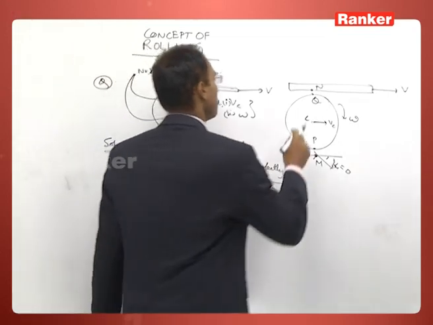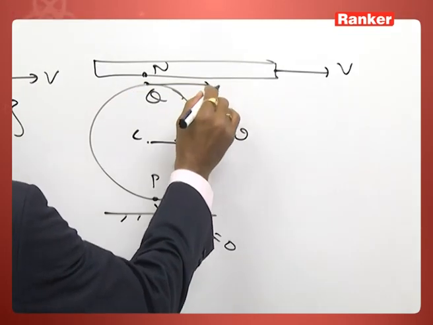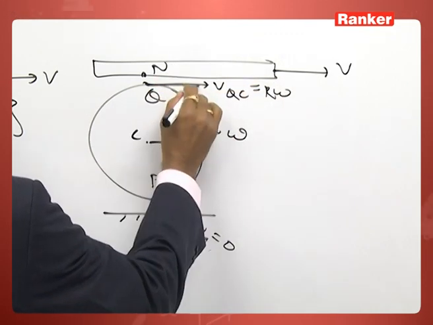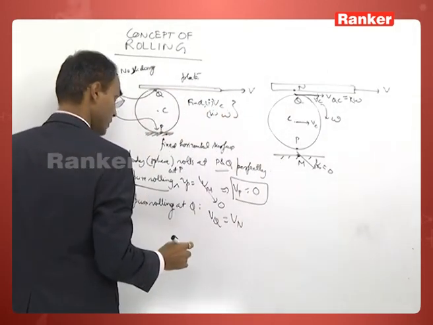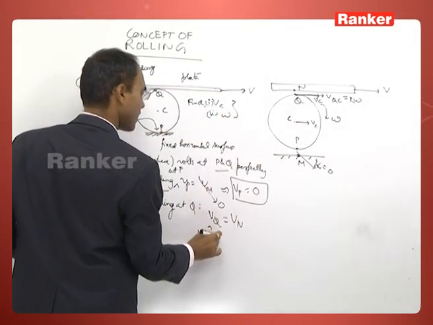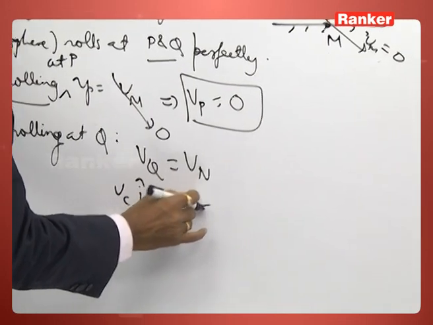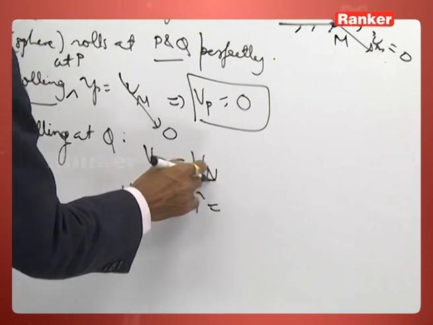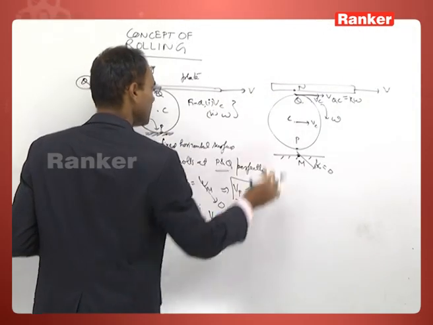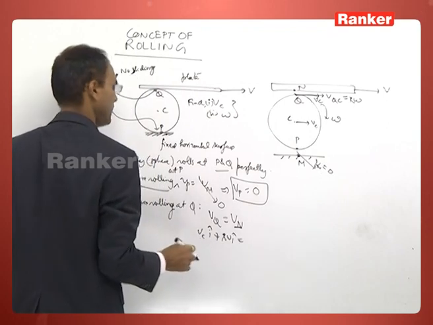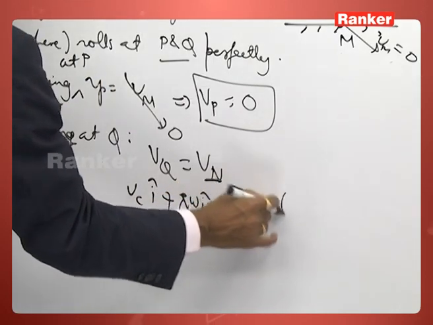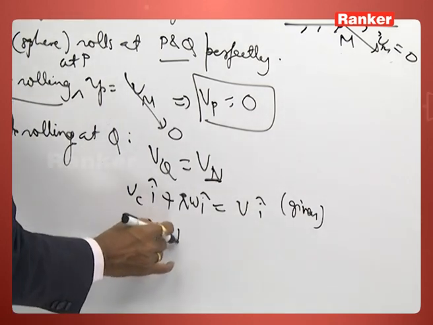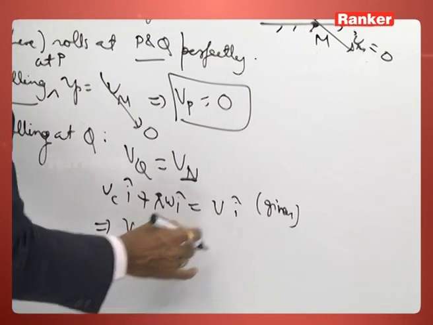Well, velocity of Q with respect to C is equal to r omega, and this is the velocity of C. Therefore, Vq is equal to Vc i cap plus r omega i cap as per the previous discussion of the velocity calculation. Velocity of this point is nothing but the velocity of the plate, that's equal to V i cap, given. In this way you can calculate Vc plus r omega is equal to V.